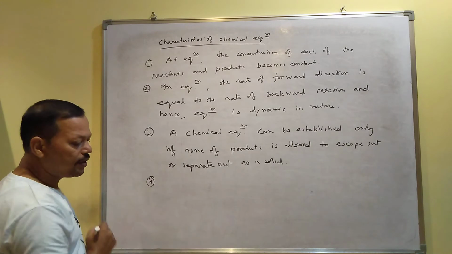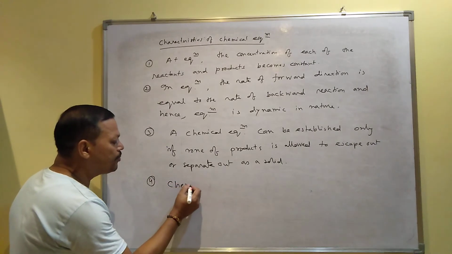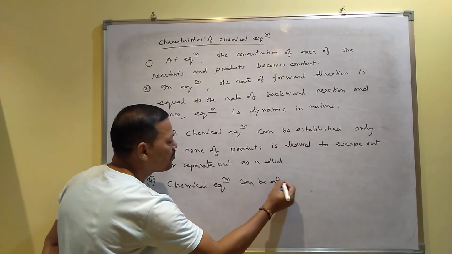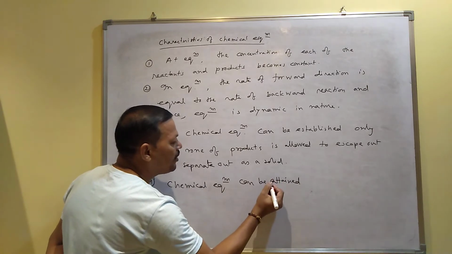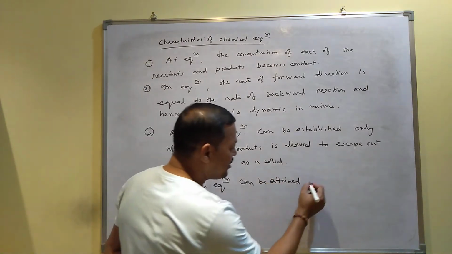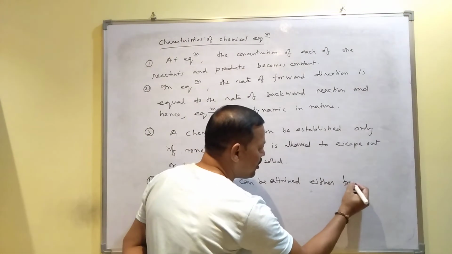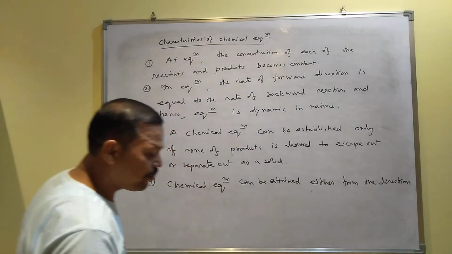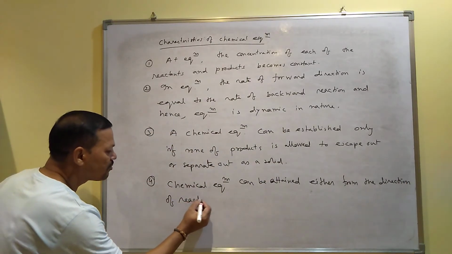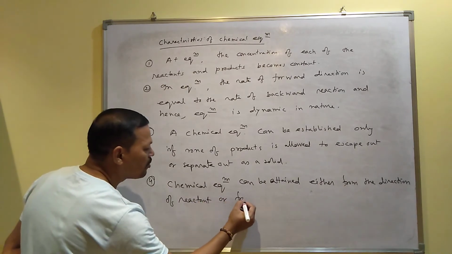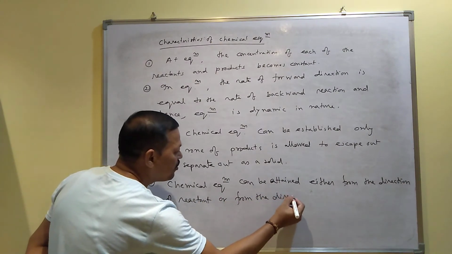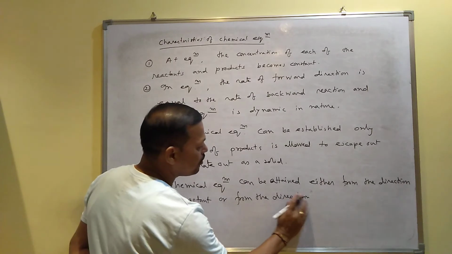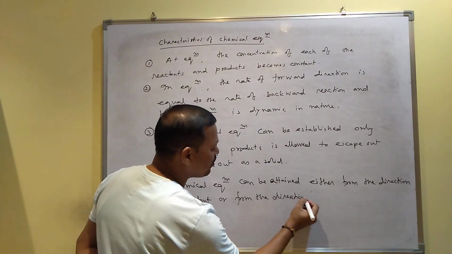Number 4, another characteristic, chemical equilibrium can be attained either from the direction of reactant or from the direction of product.